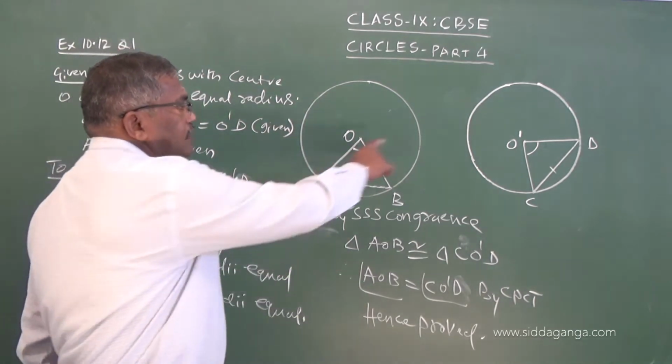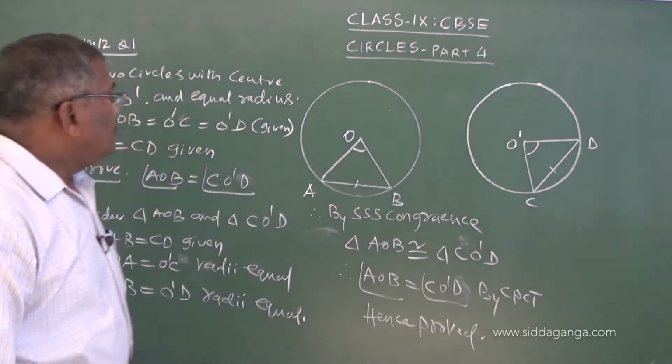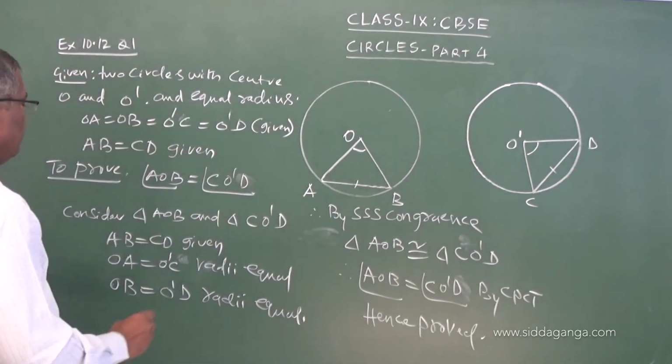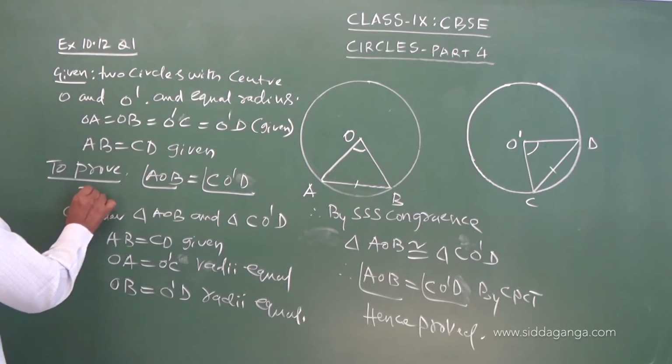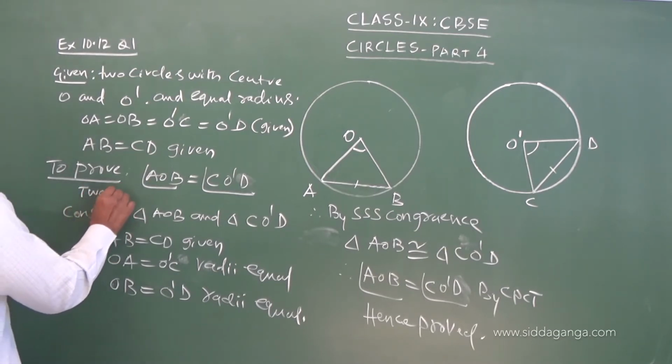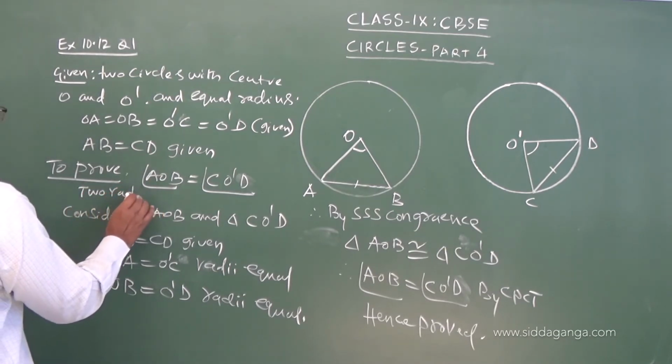Because they have equal radius, the two circles are congruent.